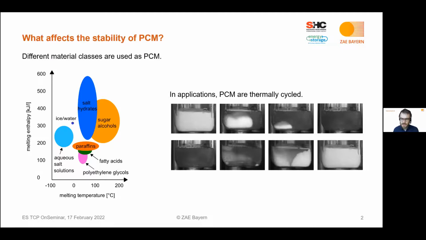That means starting from a solid which takes up heat, you end up with a liquid phase, and the other way around, the liquid releases the heat of solidification or crystallization, and at the end you have the solid again. This would be one full thermal cycle. For PCM, it is of course relevant that this process happens many times without any degradation, without any negative change in the phase change behavior.